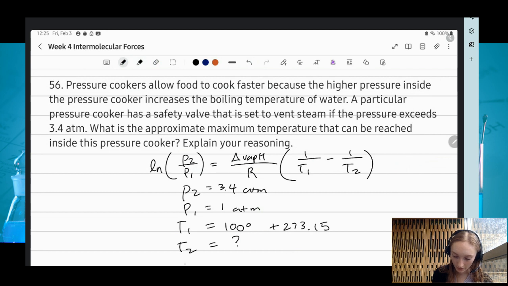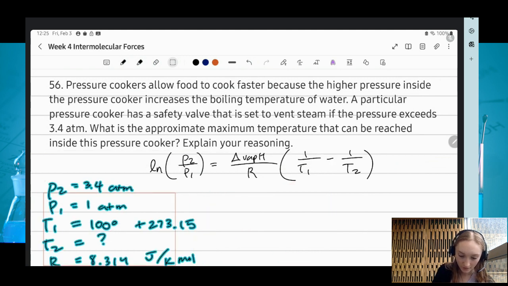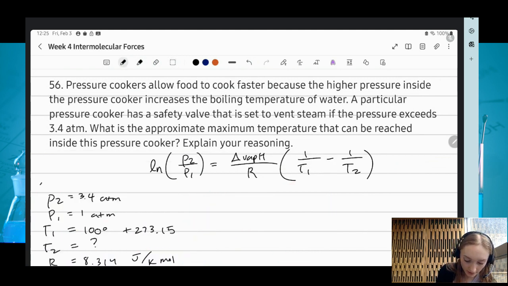The R value is going to be 8.314 joules per kelvin mole. And then the vapor enthalpy value here is going to be 39.67, and that is in units of kilojoules per mole.